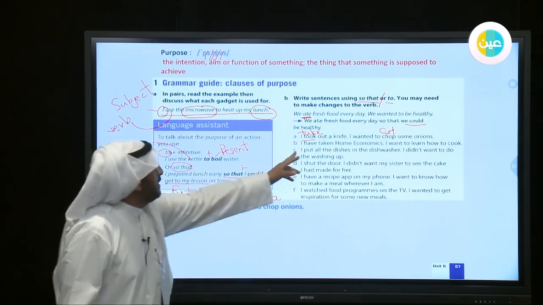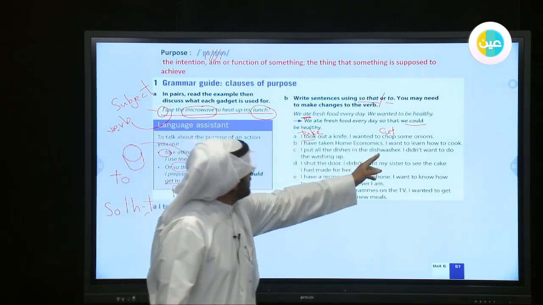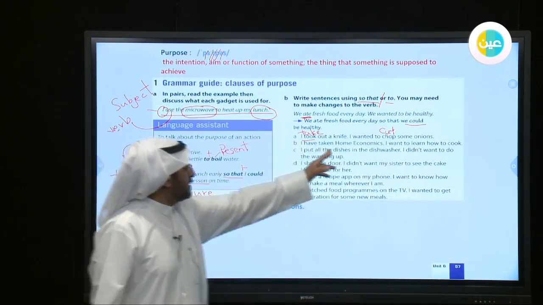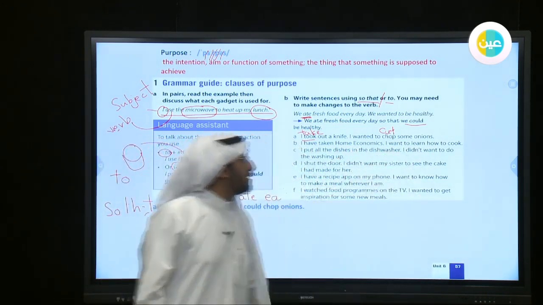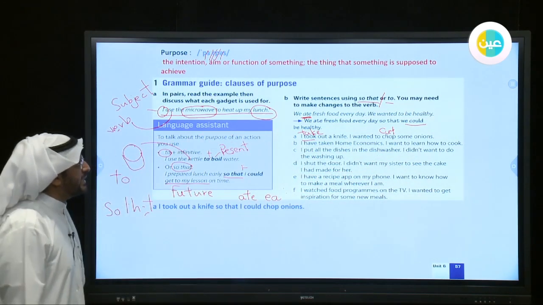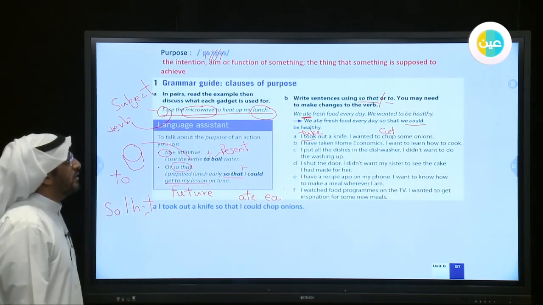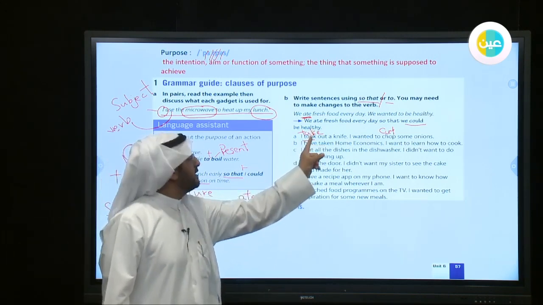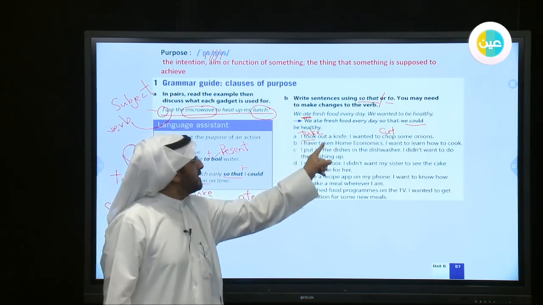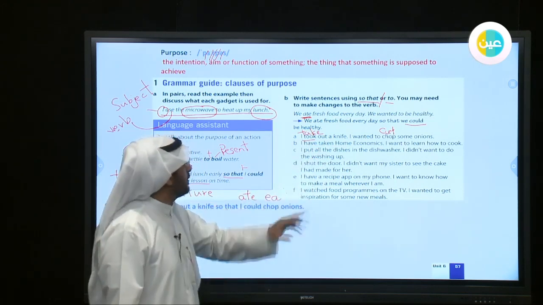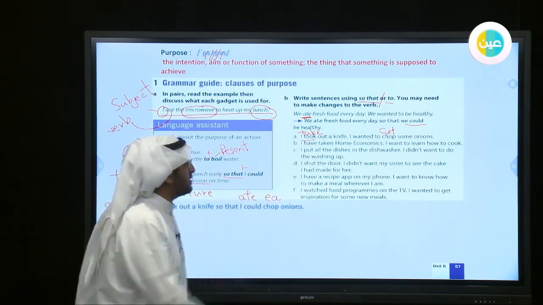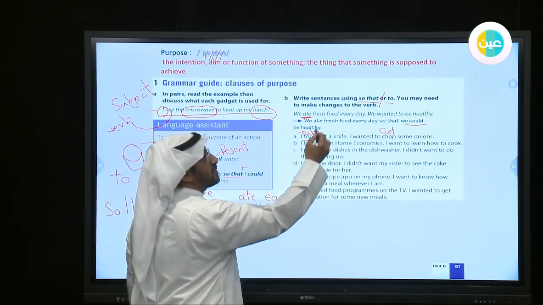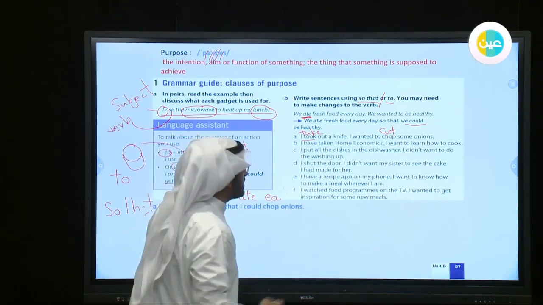Now B. I have taken home economics. I want to learn how to cook. Taken is the past participle of take. Present: take. Past: took. Past participle: taken. Look at the form of the sentence: subject, have plus past participle.